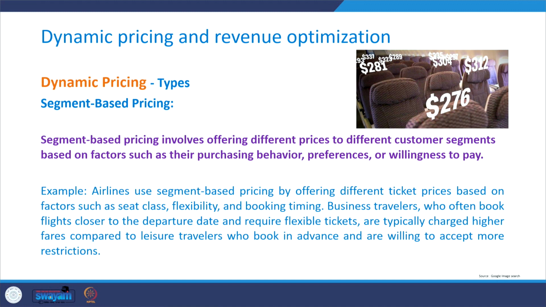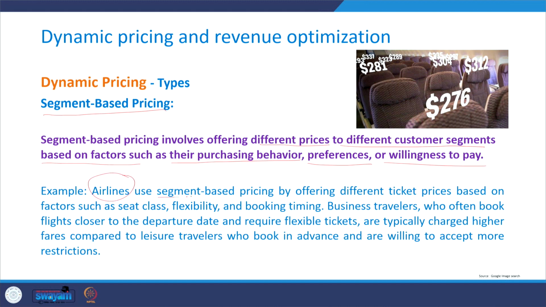Third type of dynamic pricing is segment-based pricing. Segment-based pricing involves offering different prices to different customer segments based on factors such as their purchasing behavior, preferences, or even willingness to pay. For example, airlines.